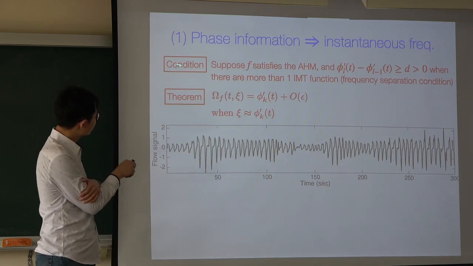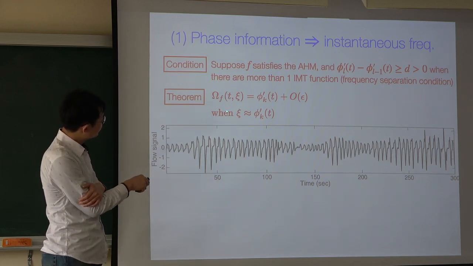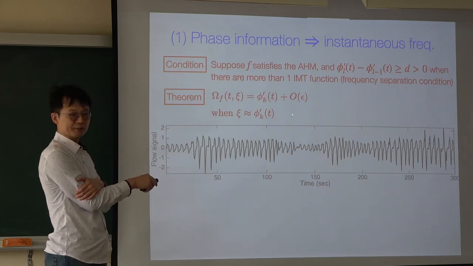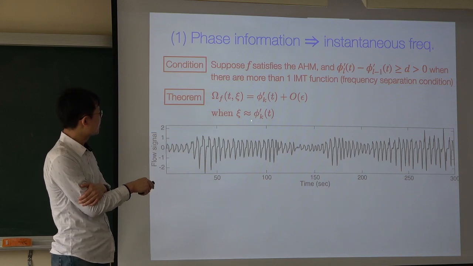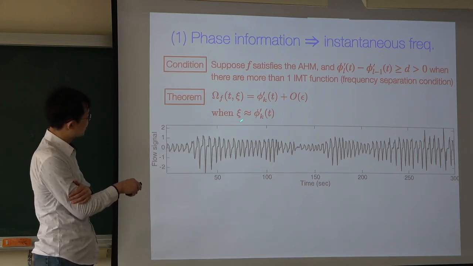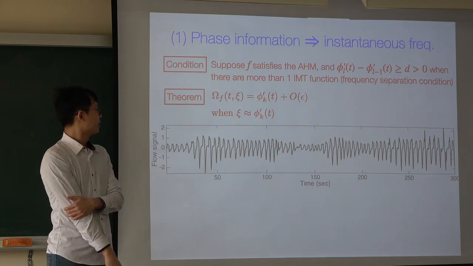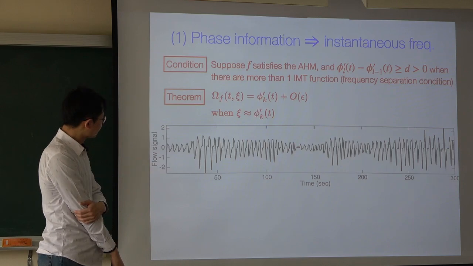And the theorem is the following. The reassignment rule actually will give you the instantaneous frequency, but with some small error when C is very close to the instantaneous frequency, and this closeness can be well quantified. But if you have interest in details, you can go to the paper.